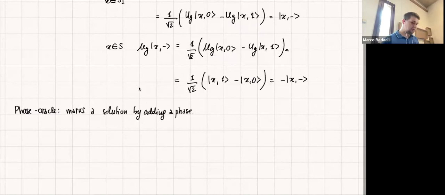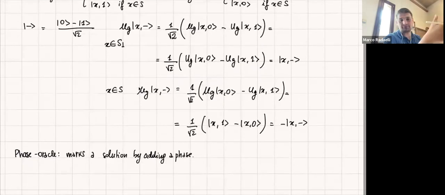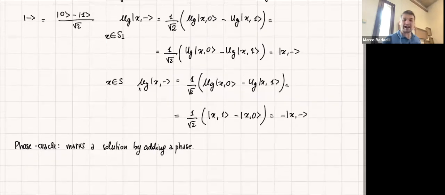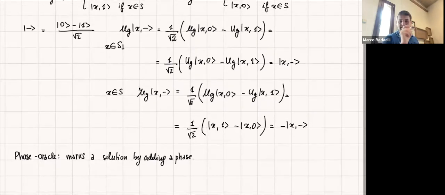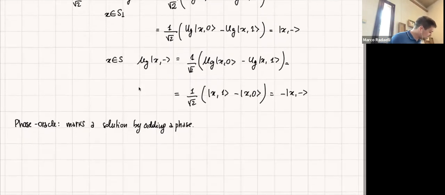So basically what happens when we apply our UG to the initial state is that every solution in the initial state will be marked by a minus sign.